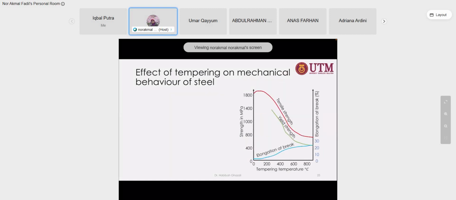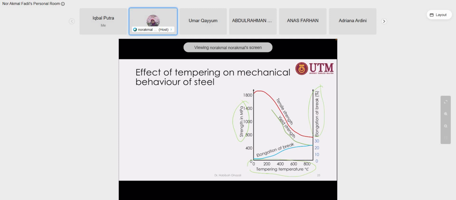All right, when we conduct the tempering process, there are several parameters that need to be considered, because if you want to optimize the properties, you can refer to the parameters that you can play with. Sometimes the time, the duration of the tempering process, sometimes you can optimize the properties by tailoring the temperature of the tempering process.